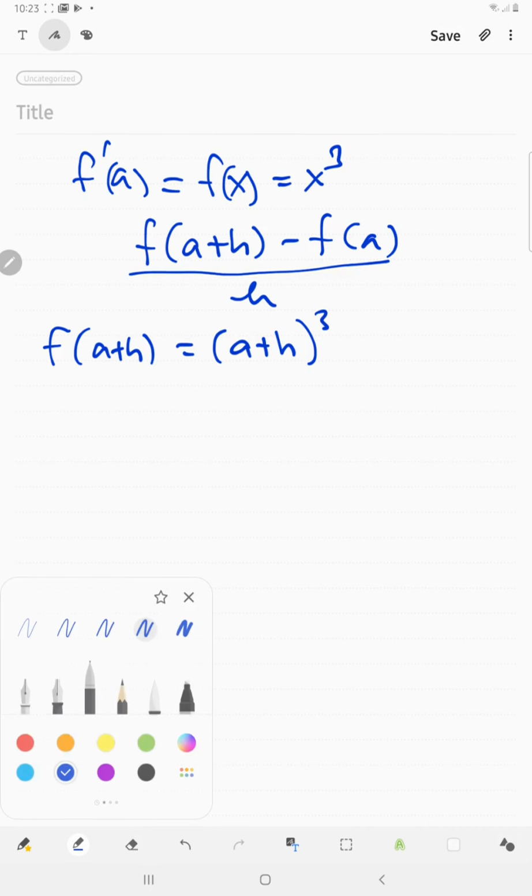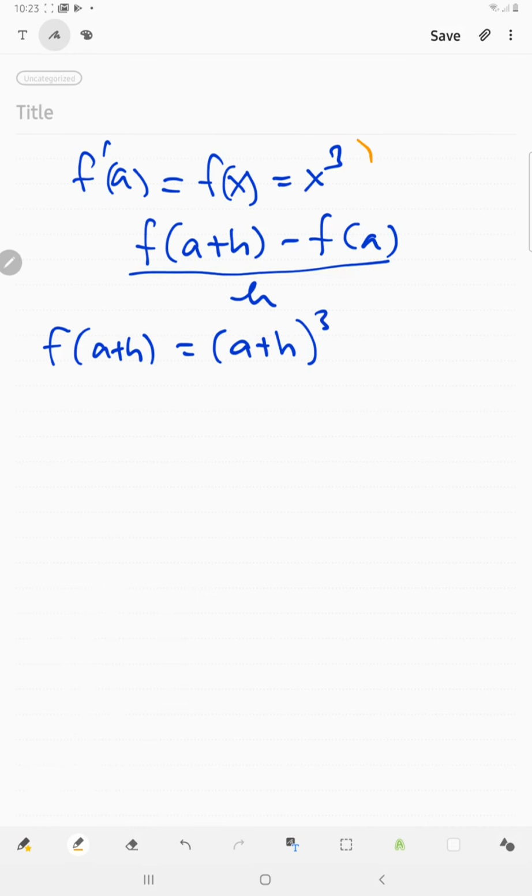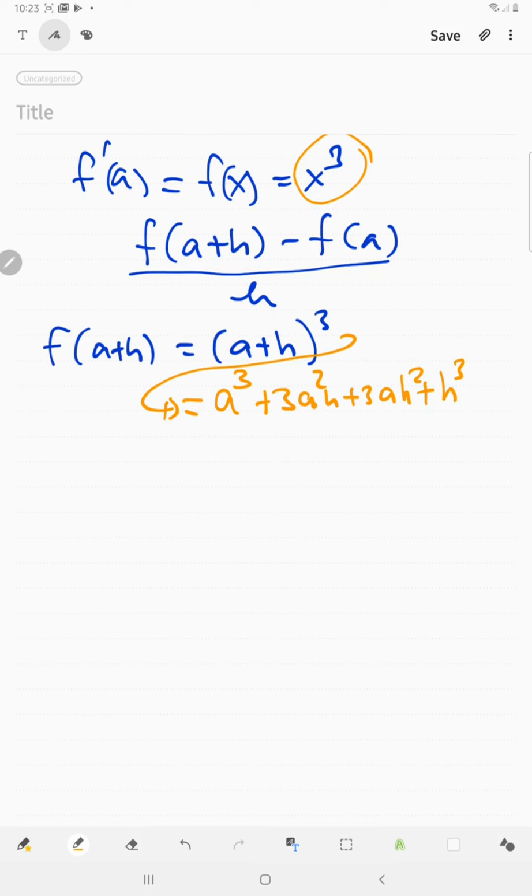The reason why I'm putting it to the power 3 is because the equation here has a power of 3. Therefore, if I simplify this, I get a to the power 3 plus 3a squared h plus 3a h squared plus h to the power 3. So this is the value when this is applied.